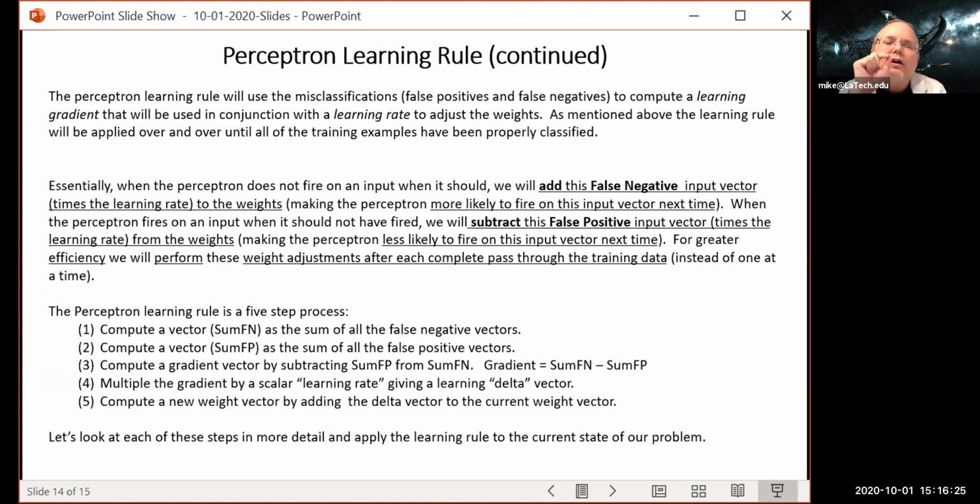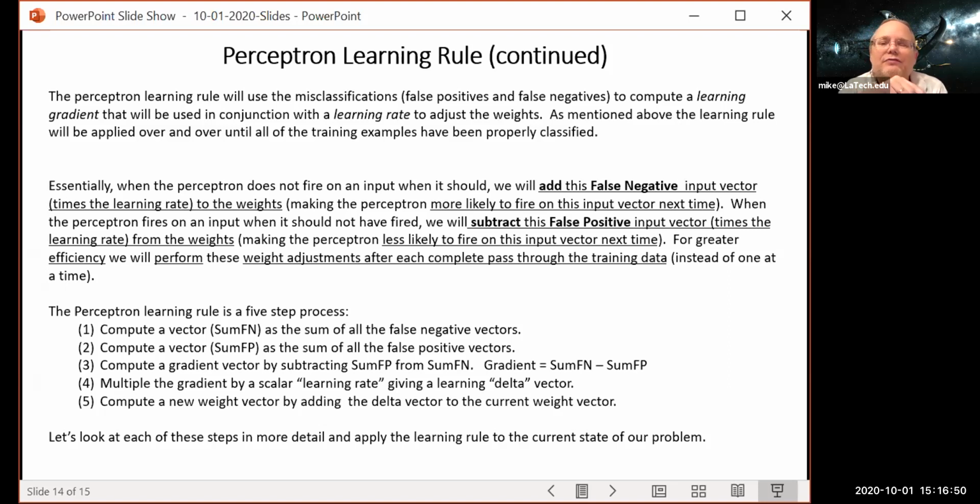So the false negatives, right, we will add those to the vector. That'll make the perceptron more likely to fire on that input the next time, and that's what we want, right? It didn't fire, but it should have fired. It was a false negative, so we want to push it in the direction of firing on that input next time. And we're going to do exactly the opposite for false positives.